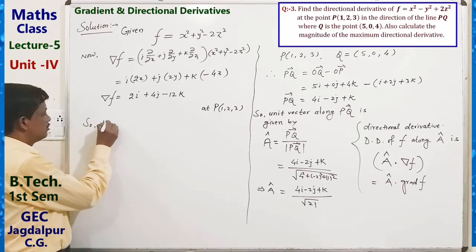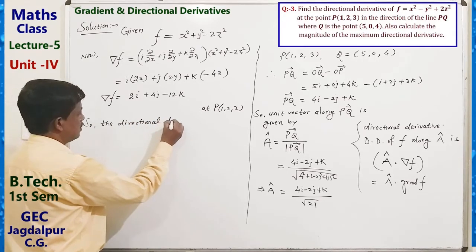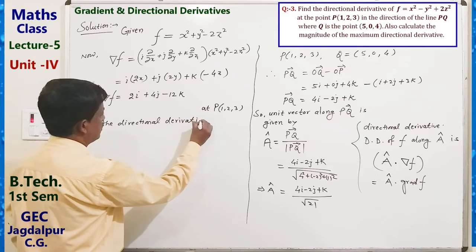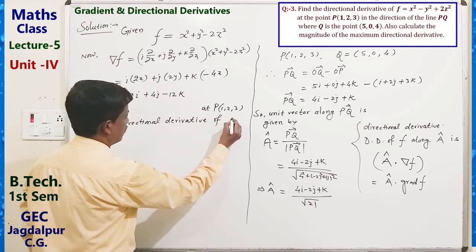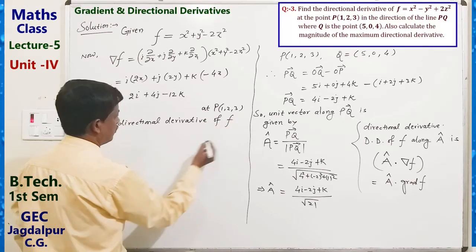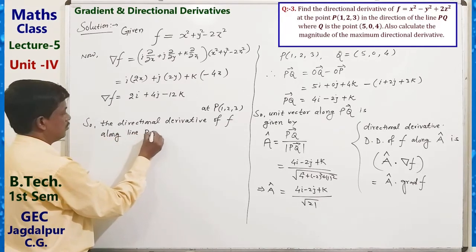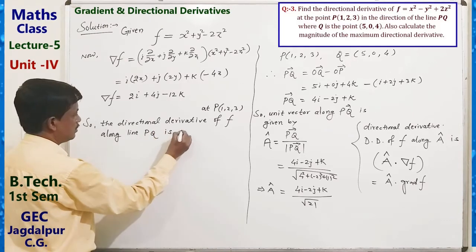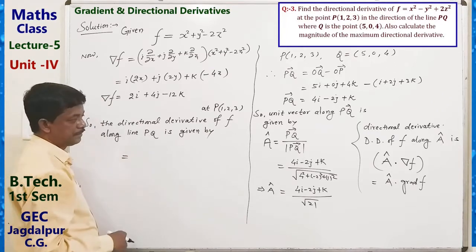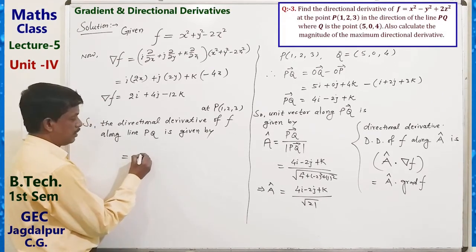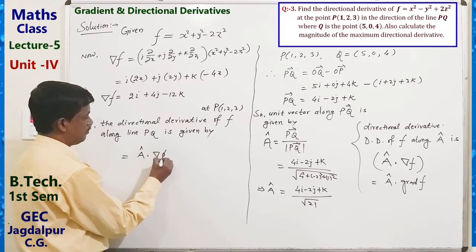So the directional derivative of F along line PQ is given by what? A cap dot del phi.